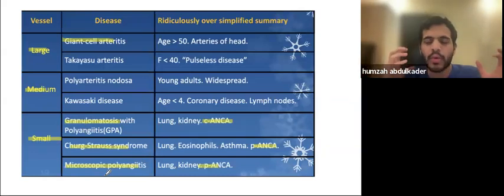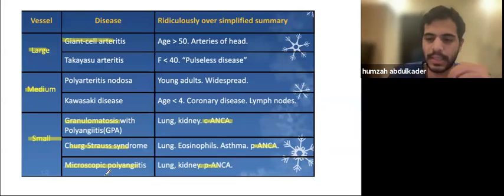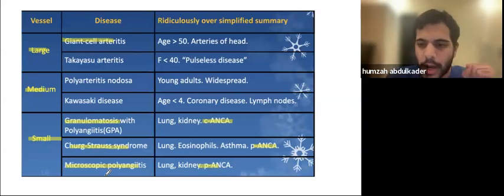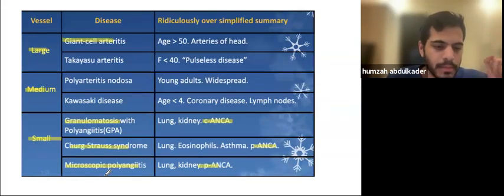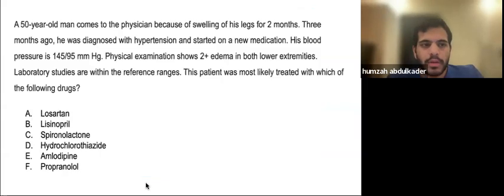But if you focus on what's different between them, it's very easy to categorize them in your mind. I hope that made sense. If it didn't, I can go over it again. Made sense? Perfect. Okay, let's move on then.